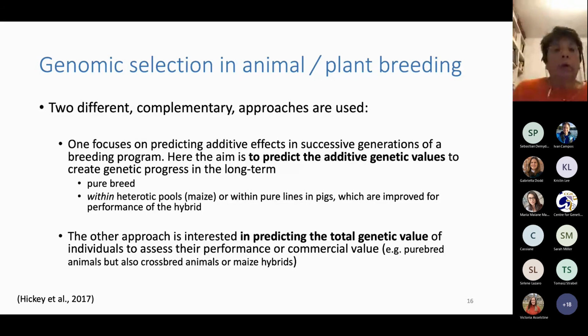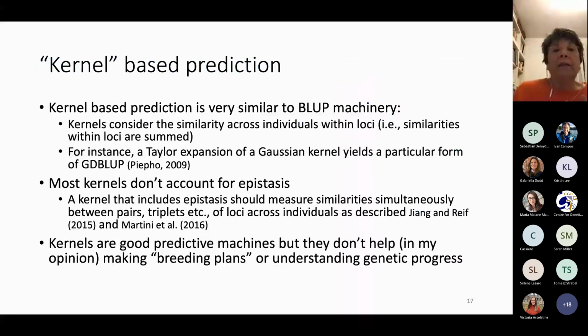For the prediction, we have two different ways to work. One is kernel-based prediction, and the other is mixed model-based prediction. The kernel-based prediction is very similar to the black-box machinery. Most kernels don't account for epistasis, because a kernel that includes epistasis should measure similarity simultaneously between pairs or triplets of loci across individuals.